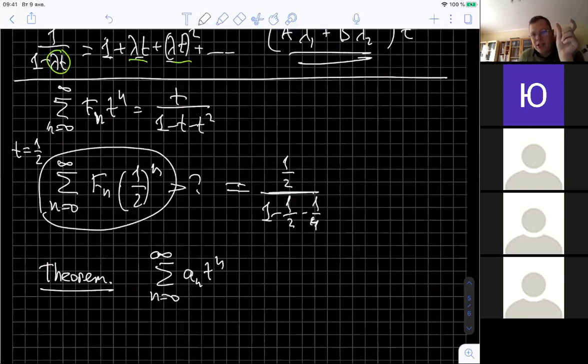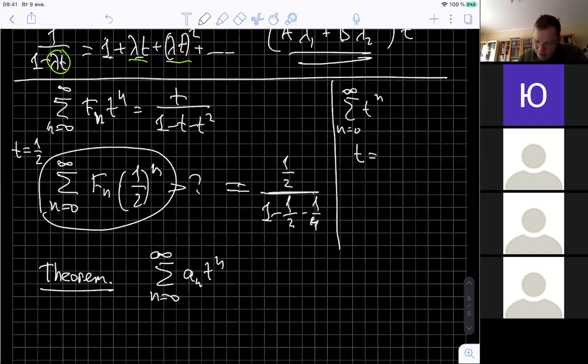And for some numbers, we can see that this power series will converge to some number. So for example, maybe you know that if I take the sum of t to the nth power, and I take t equal to 1, then I will have this infinite sum of 1s. It tends to infinity, so it will be equal to infinity.